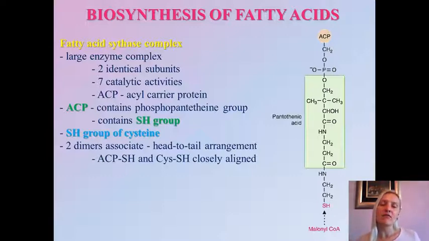So finally, we can conclude that SH group from ACP and SH group from cysteine are closely aligned, which is going to be very important to make those intermediates close to each other and to enable very efficient and fast reactions of fatty acid synthesis.